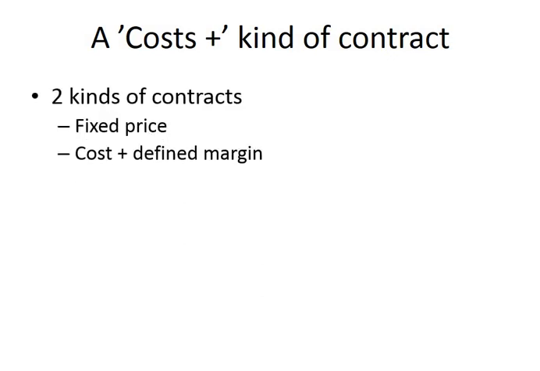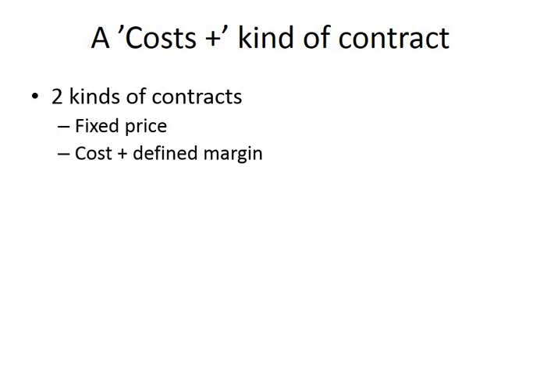Also, we can speak of something called a cost plus kind of contract. Usually most of the contracts are just for a fixed price. So you need to do this and that, and this is what you are going to get.